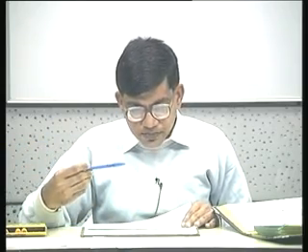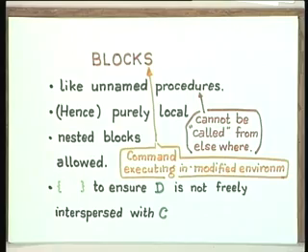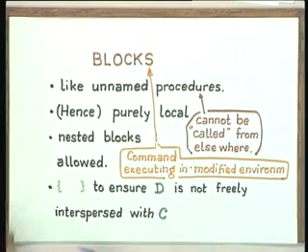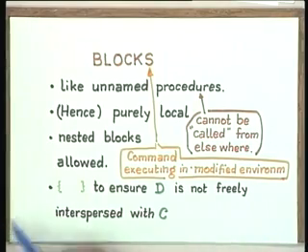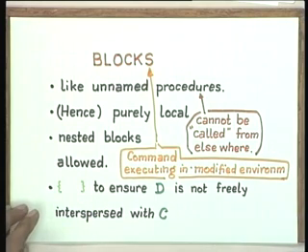I mean, you could have local declarations within a begin and an end, right. So you could nest blocks if you like, and these braces really have no role to play, except that they clearly delimit the scope of the declarations contained within them.